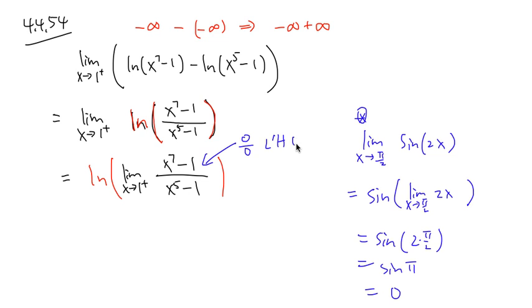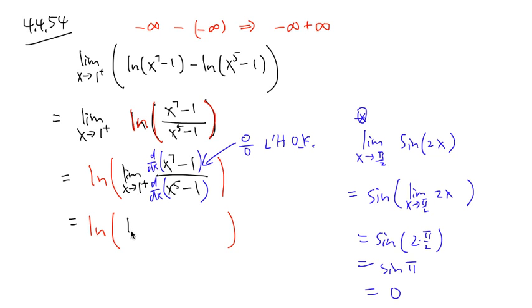So we can use L'Hopital's rule on the inside. In other words, let us differentiate the top and then differentiate the bottom to see what we are going to get. Alright, so I'm going to write this down, and let me just keep the ln in red. ln of the inside limit.